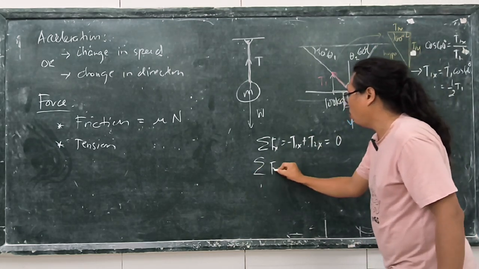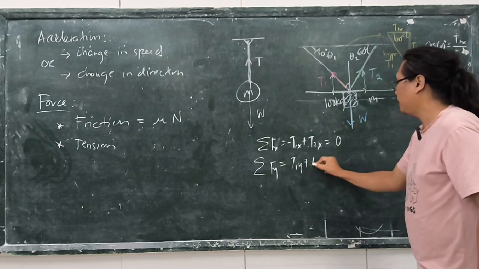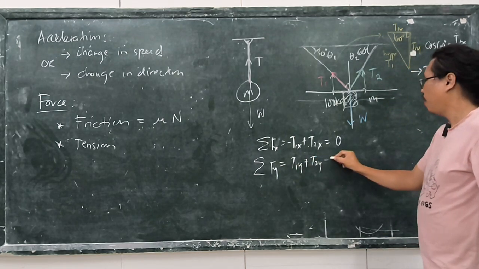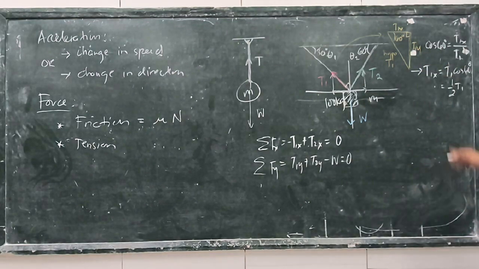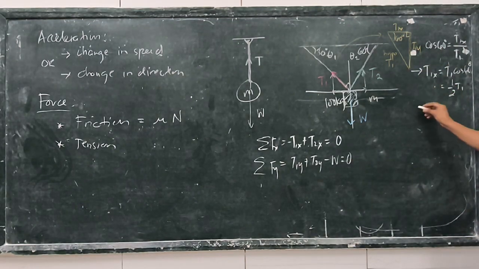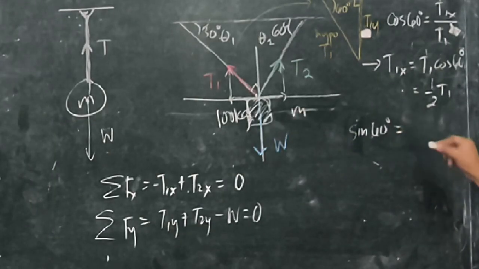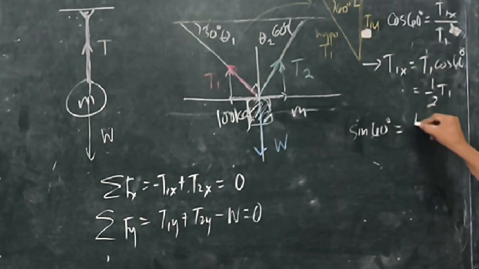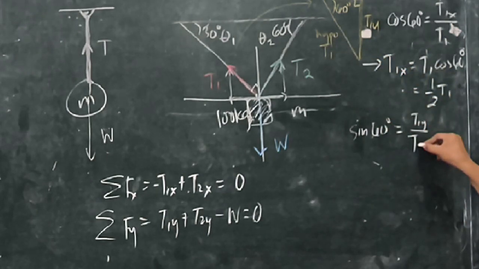The summation of forces along y equals T1y plus T2y minus the weight equals 0. Okay. Now let's make use of the fact that sine of 60 degrees is equal to the opposite, which is T1y, over the hypotenuse, which is T1.